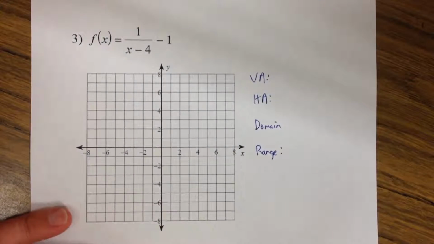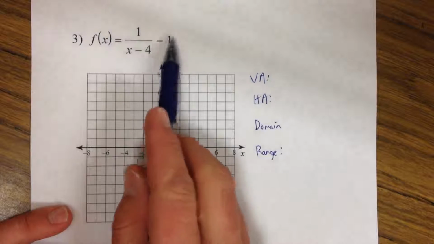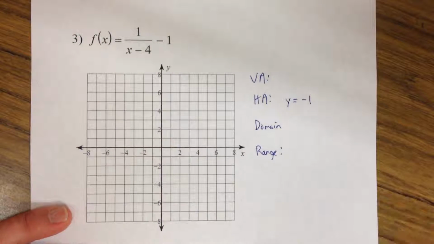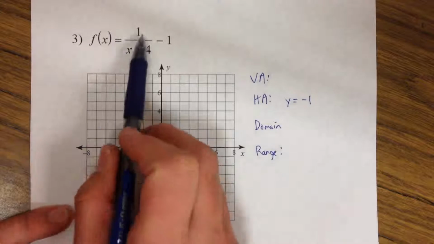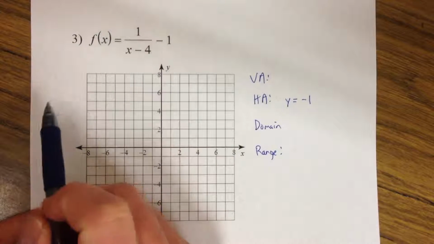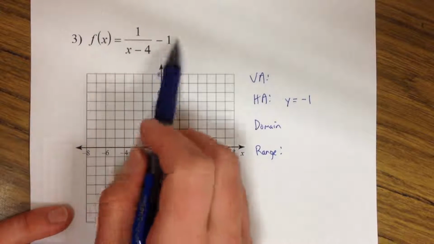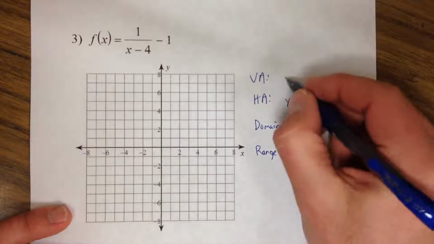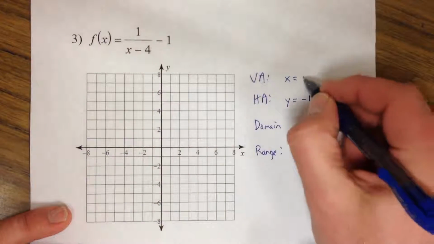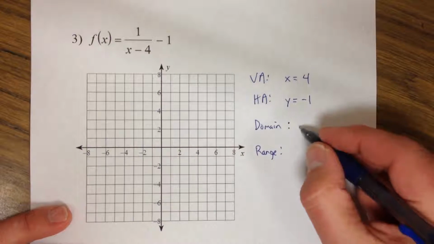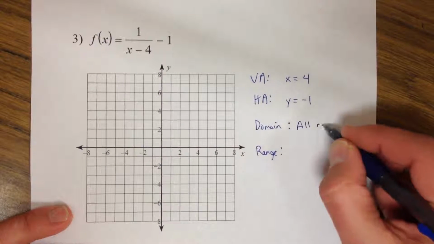Okay, the only thing a little bit different about this one is you have a constant sitting out front. All that's going to do is change my horizontal asymptote. Because think about it, it's impossible to make this 0, so it's always going to be something -1, so it's going to be impossible to have that -1. X equals 4 makes the bottom 0, so these relate directly to your domain and range.